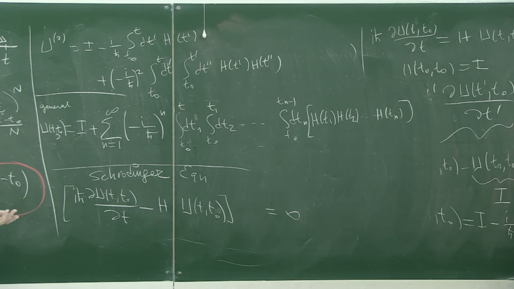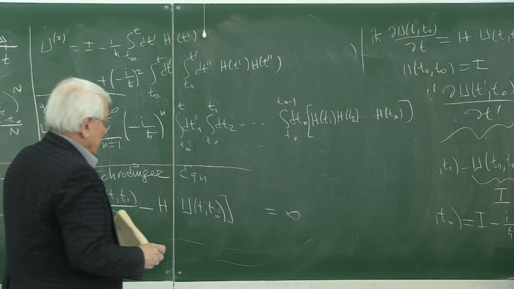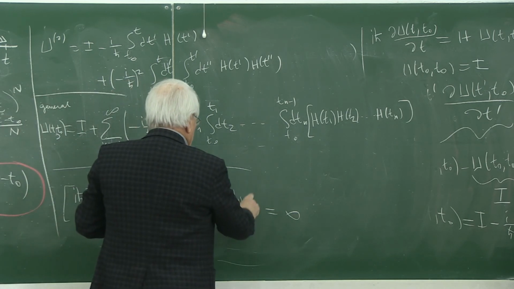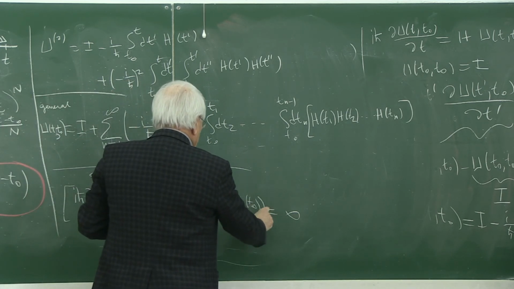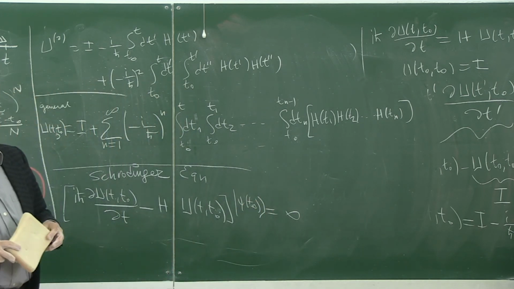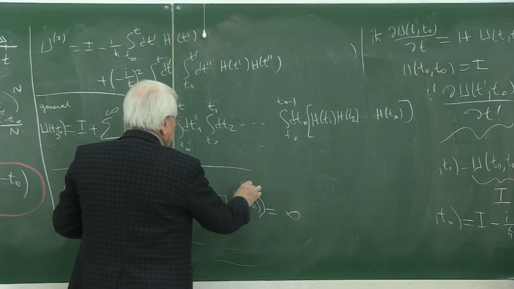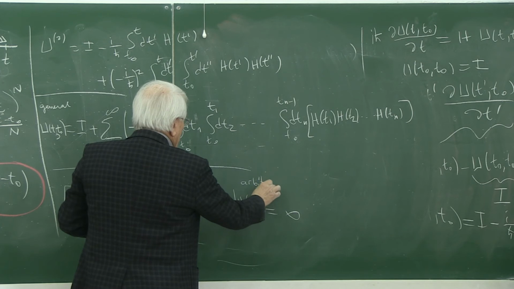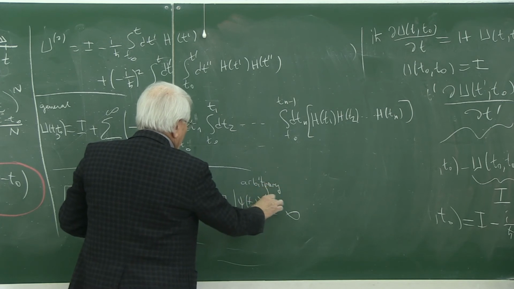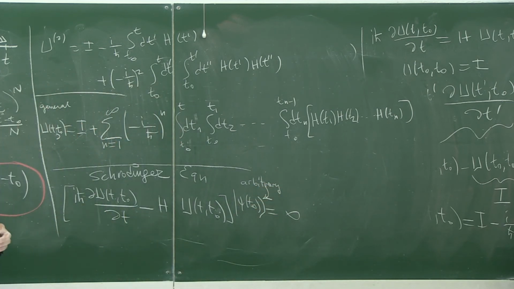And then if it is 0, its action on an arbitrary state chosen at time t0 also should be 0, because the stronger operator equality is converted into this equality. This is chosen to be arbitrary at t0.